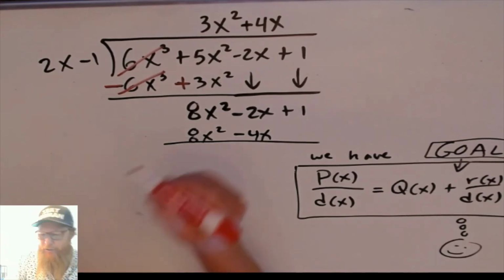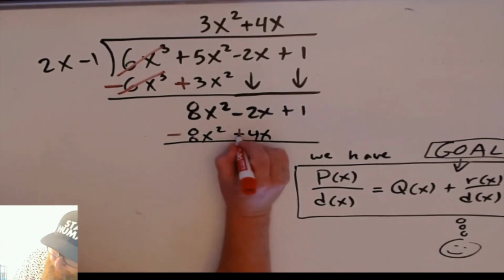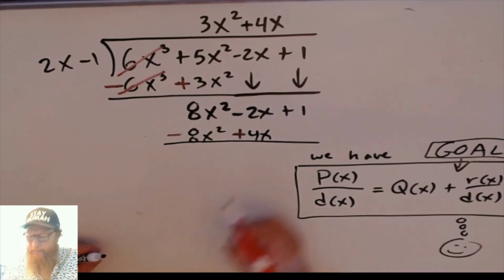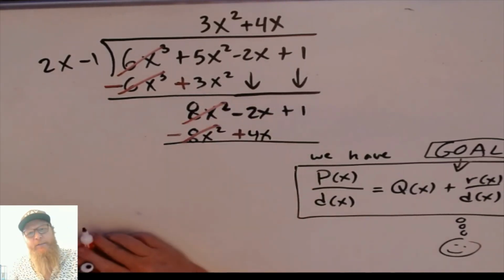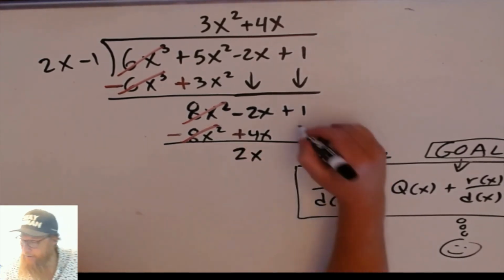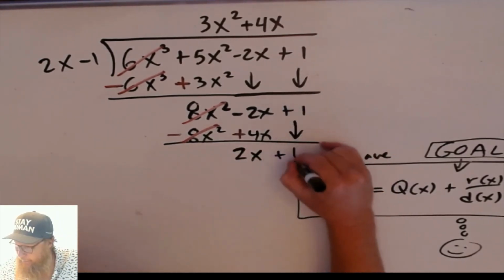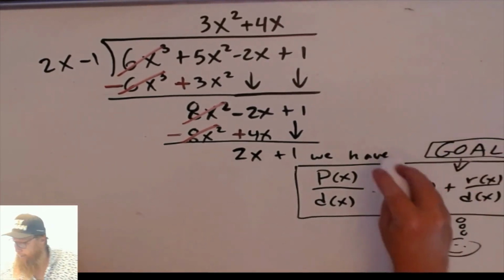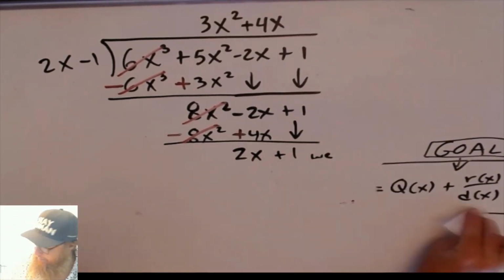And now I'm going to change the sign, negative, positive. Cancel the leader. Combine the like terms. Notice it's the same steps over and over again. And then bring down the plus 1. This one's in my way, so I'm just going to get rid of this.